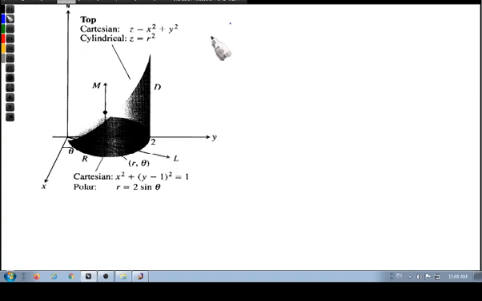Now you have to find the volume of this region D. So volume is, by definition, the triple integral of dV. Taking the integrand equal to 1, it is the triple integral over D of dV, but dV is dz r dr d theta.